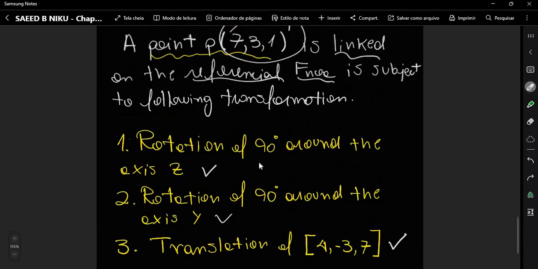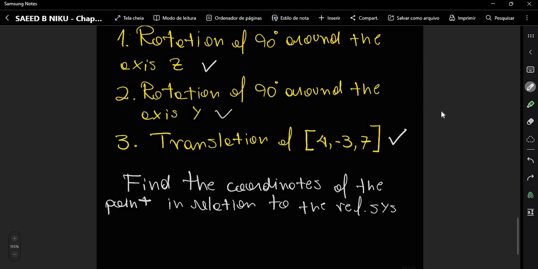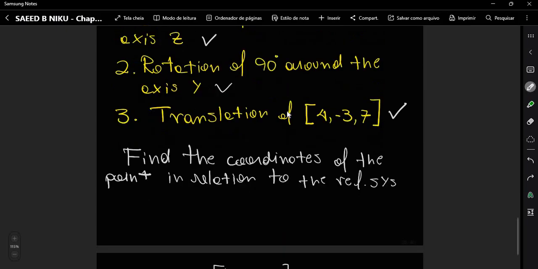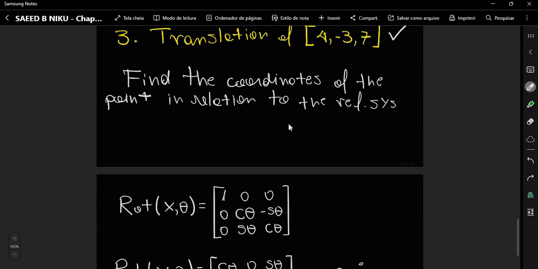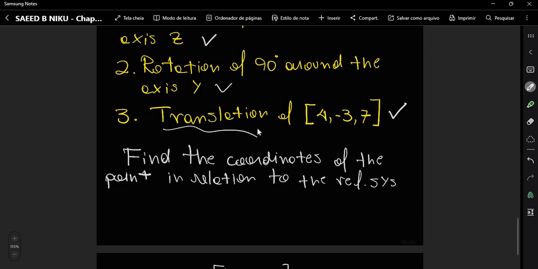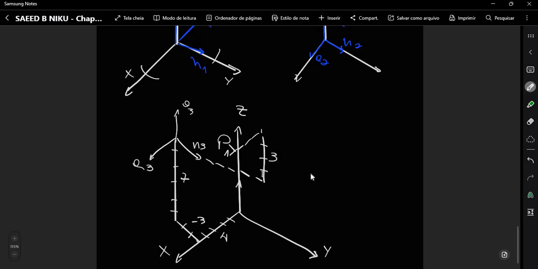And he passed to us the transformations that are needed, which is a rotation of 90 degrees above the axis Z, followed by a rotation of 90 degrees above the axis Y, and a third and last transformation of translation, and that is the transformation which changes the orientation and position of the point.